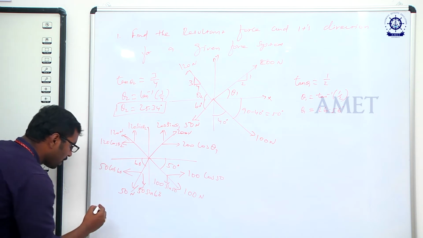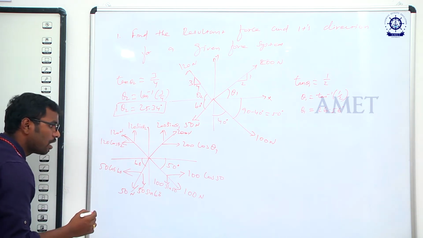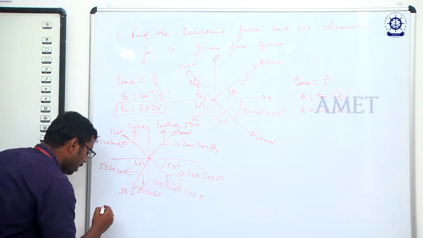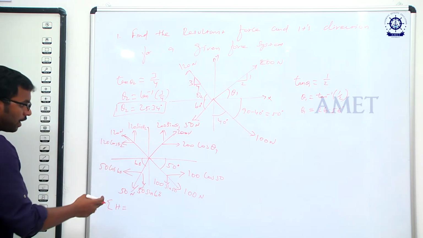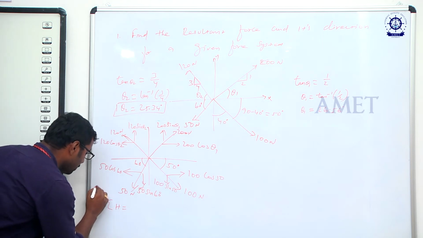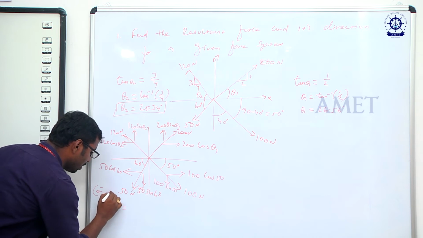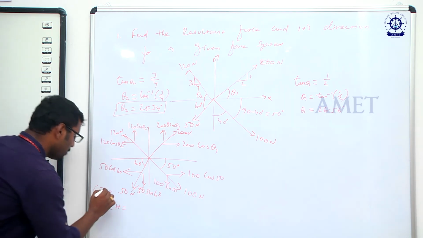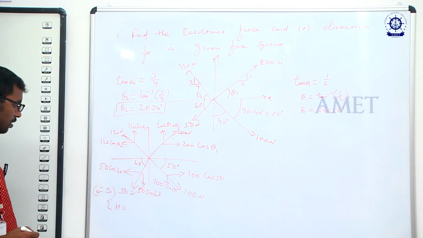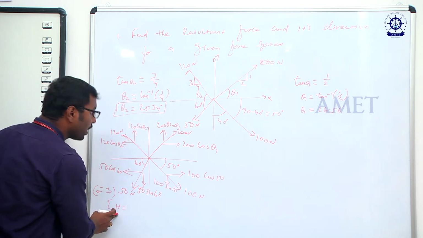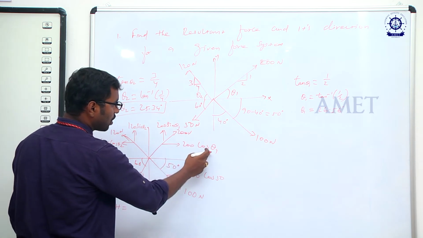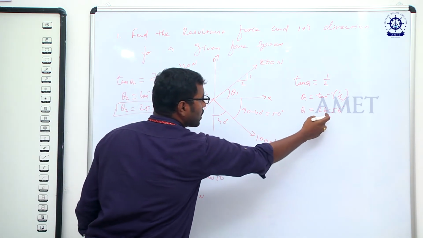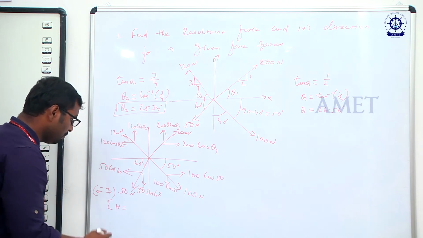Now, I am going to calculate the total horizontal component. I am going to use summation of H equals, while calculating the horizontal component, we have to assume that left side direction forces are minus and right side direction forces are plus. So, for summation of H, the first force is 200 cos theta 1, theta 1 is 26.56 degree.